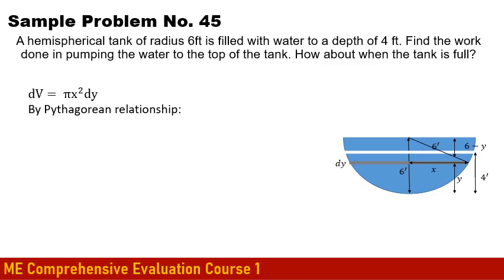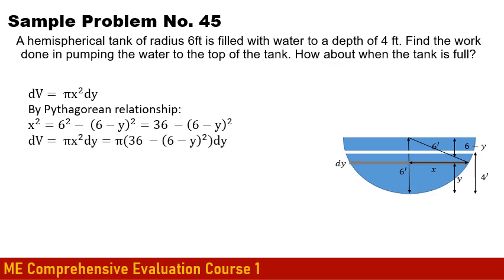By Pythagorean relationship of our drawing, we can get a relationship that x squared is equal to 6 squared minus (6 minus y) squared, or 36 minus (6 minus y) squared. So our dV will become pi x squared dy, or pi (36 minus (6 minus y) squared) dy. Thus, the differential force is rho g pi (36 minus (6 minus y) squared) dy.